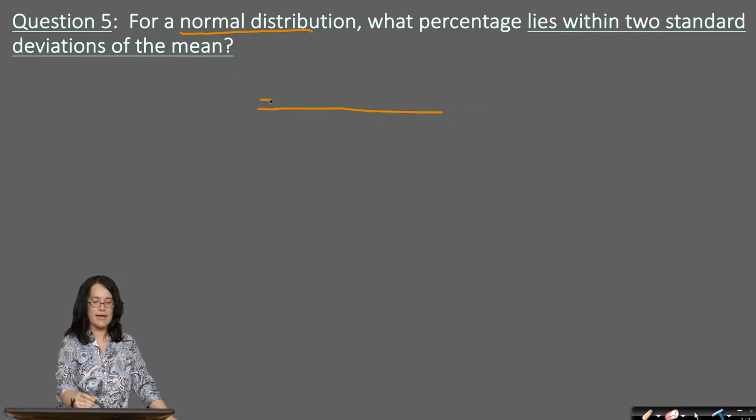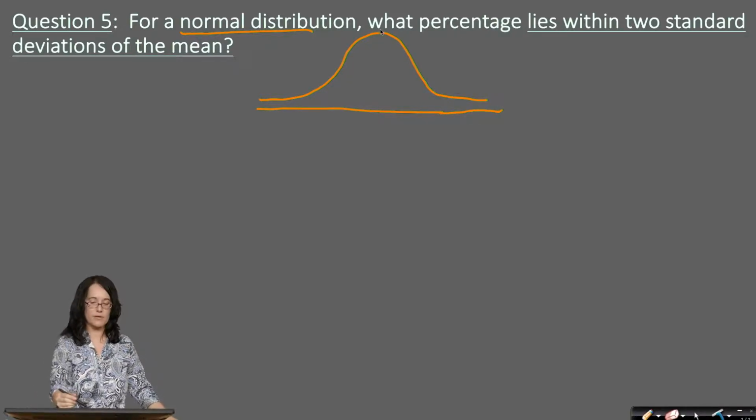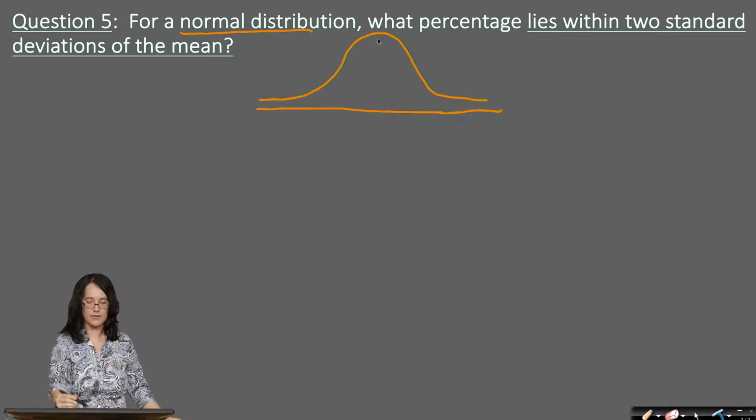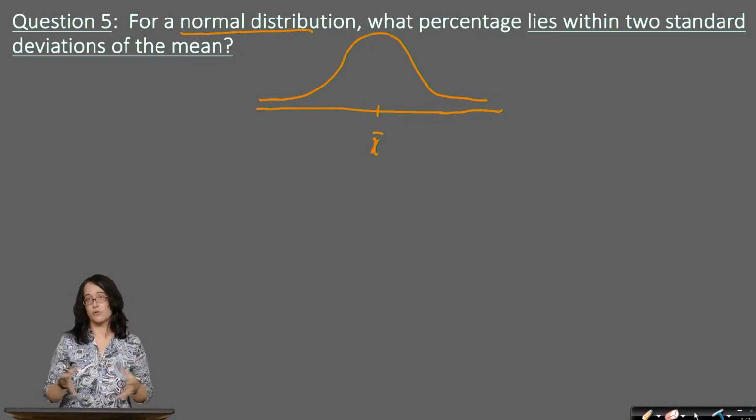It means that the data, if you were to visualize it from a histogram, would turn into a bell-shaped curve for the frequencies. The highest part is where most of your data would be, in the center here. And we know that the mean, or the average for the sample in this case, is in the middle, and so is the mode, the most frequent, and the median, the middle. For a normal distribution, those three are the same.